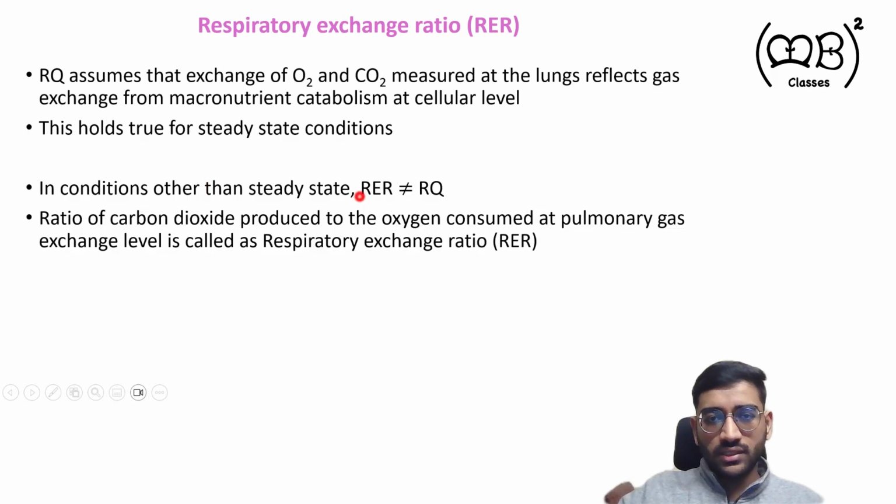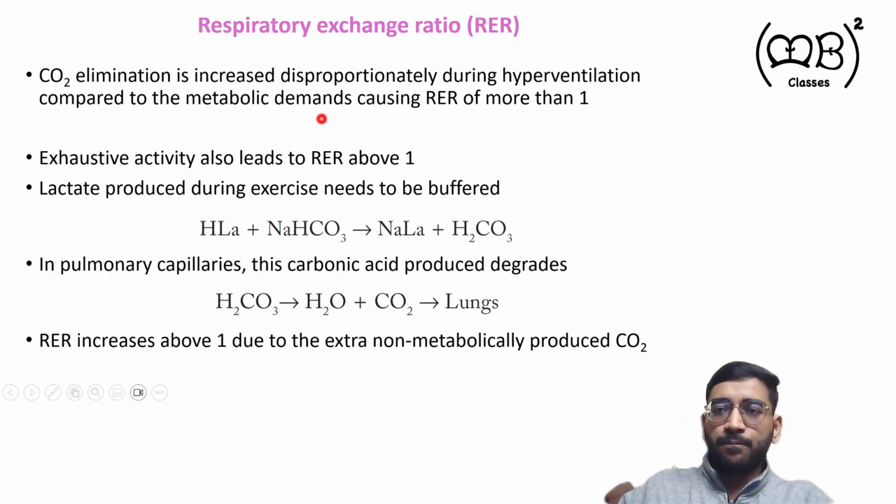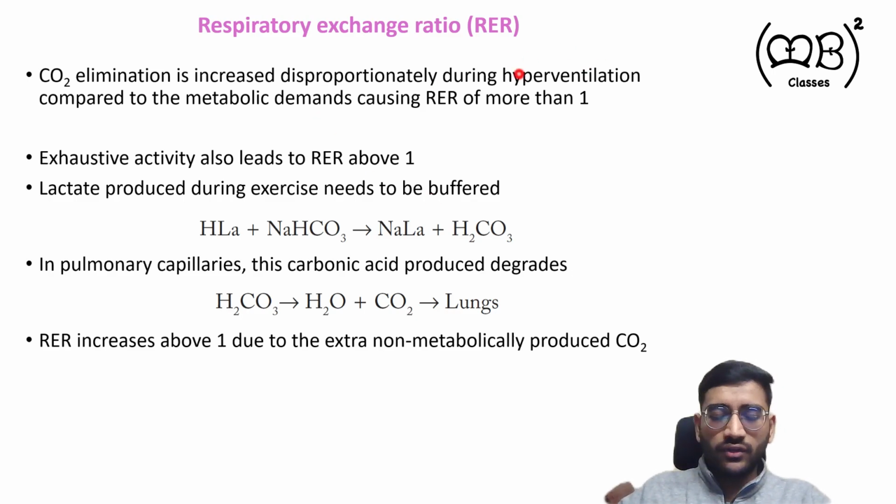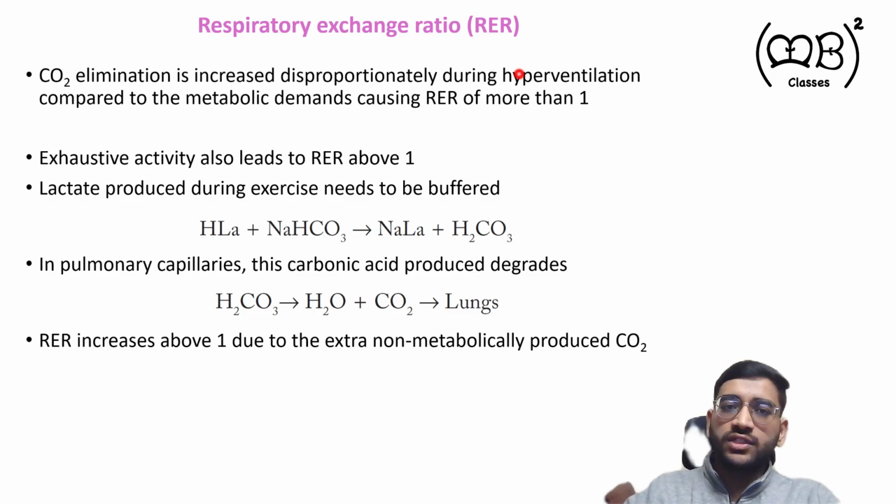But in conditions other than steady states, RER would not be equal to the RQ. Let's see how. In states of hyperventilation, the carbon dioxide elimination, there would be carbon dioxide washout, which would be disproportionate to the metabolic demands.